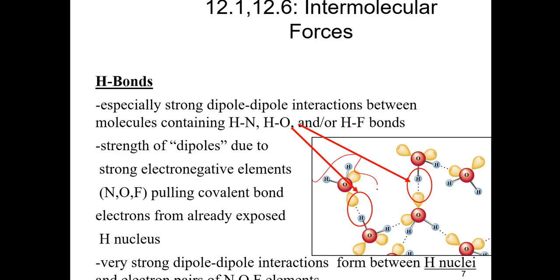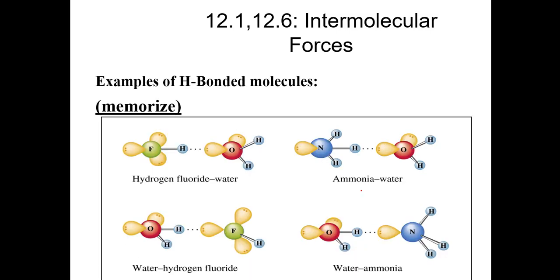So here is water molecules showing the lone pair bonding to the hydrogen of another water molecule. Make sure you know these steps. Now, first off, you don't have to memorize those specific examples, although I could test you on these, just FYI.